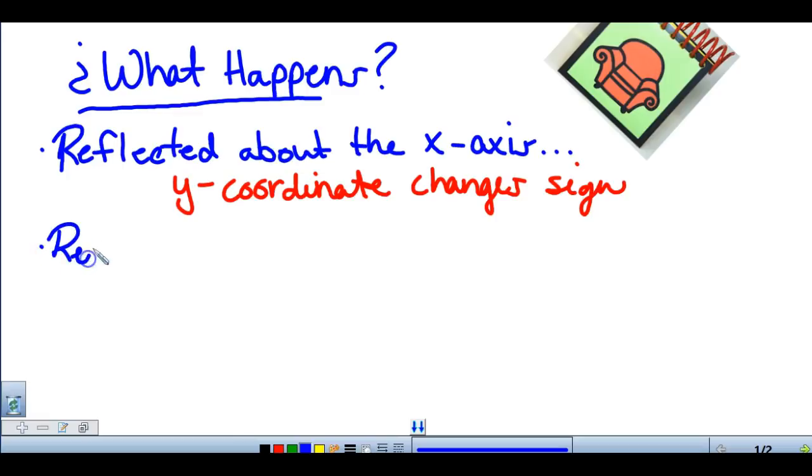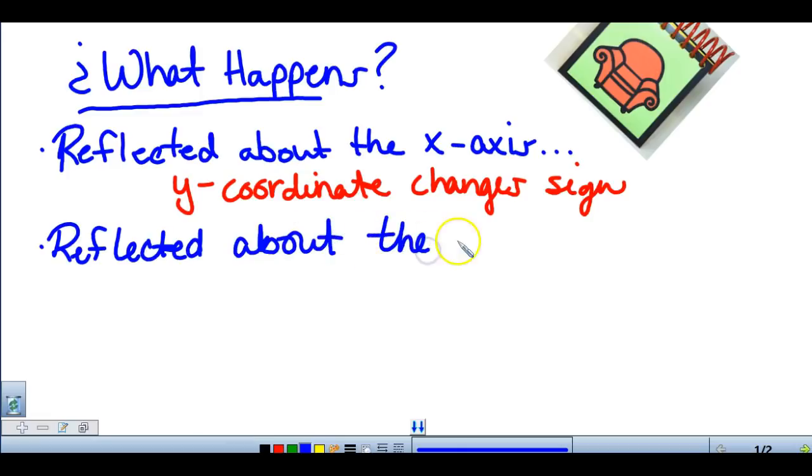So what happens if it's reflected about the y-axis? And I have a lot of faith in this group.